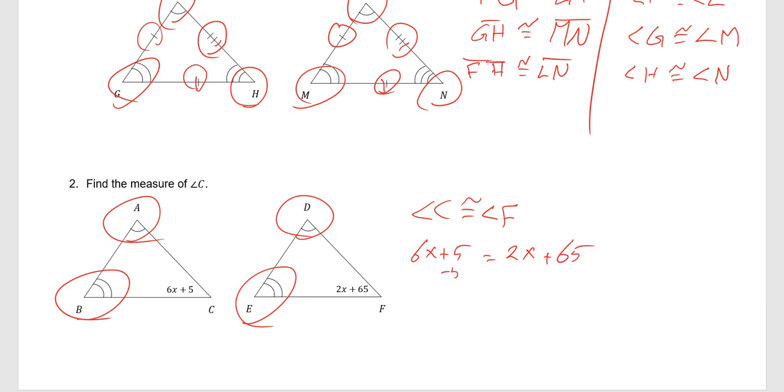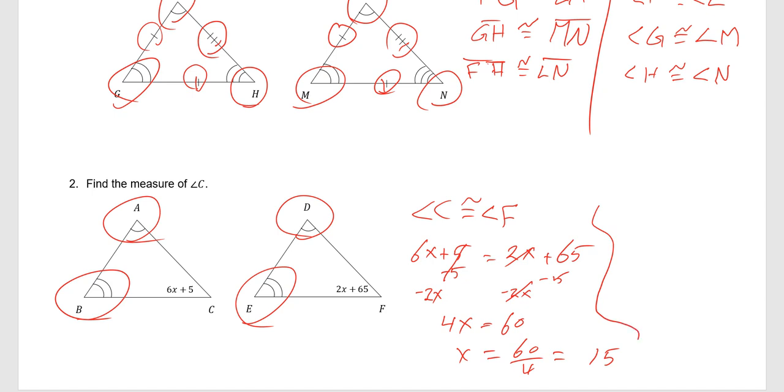I can subtract 5, and then subtract 2x, subtract 2x. So we get 6x minus 2x is 4x, and 65 minus 5 is 60. So 4x equals 60, so x equals 60 over 4, which is equal to 15.